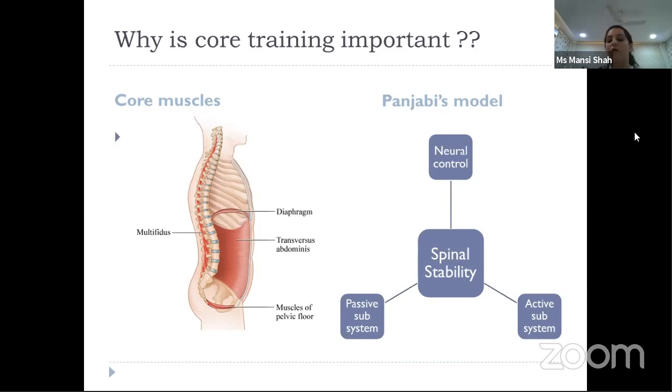We have four main core muscles in our body: the diaphragm superiorly, pelvic floor muscle inferiorly, transversus abdominis anteriorly, and multifidus posteriorly. And as Punjabi and White had mentioned, our spinal stability is dependent upon the passive subsystem, which is the osseous and the ligaments, the active subsystem, which is our muscles, and our neural control. So all of these factors come into play in spinal stability.